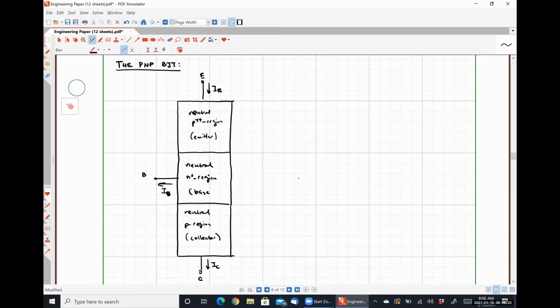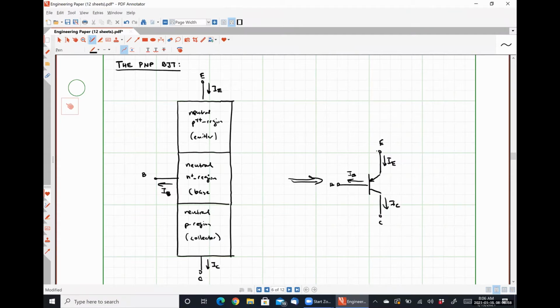And so our schematic representation of a PNP BJT usually looks something like this. Here's our emitter, IE. Here's our base, IB. And finally down here, here's our collector and our current, IC.